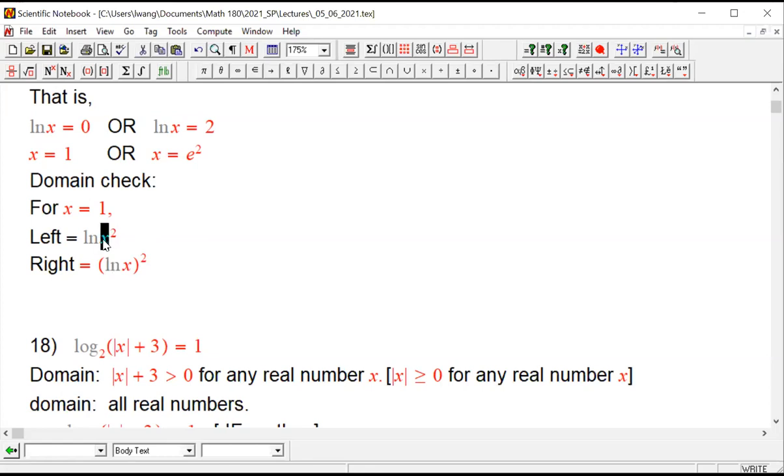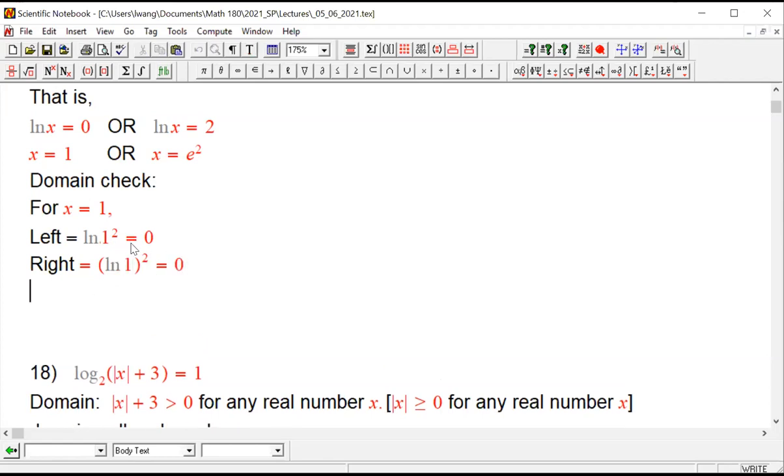So when that equals 1, that equals 0. Left equals right. So you can say x equals 1 is a solution to the equation, right?